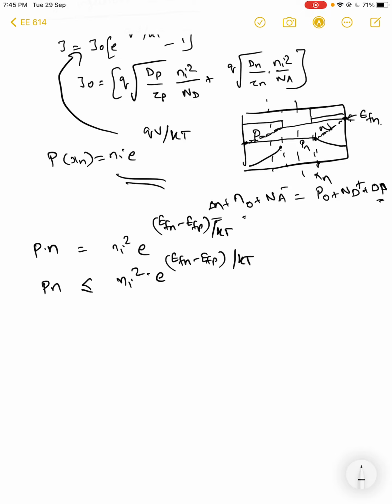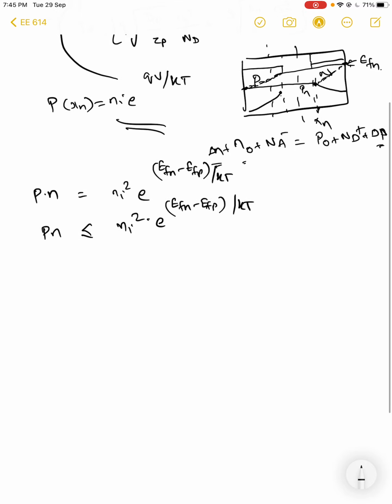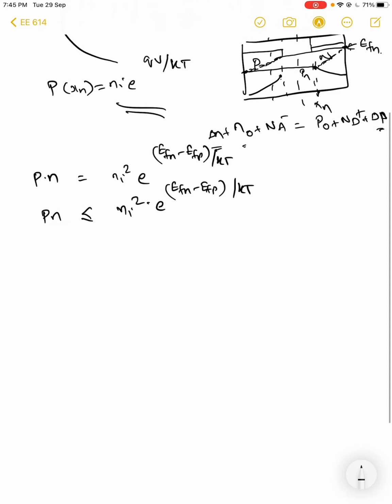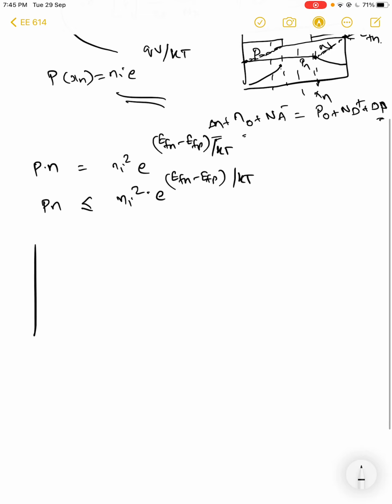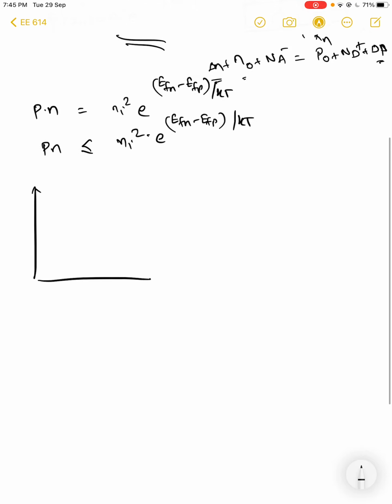But under certain conditions, so let us draw the low bias conditions first, and then go and look at what happens at high injection conditions. So I'm going to draw carrier concentration versus the distance.